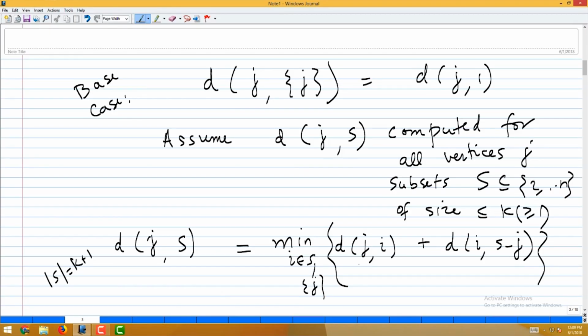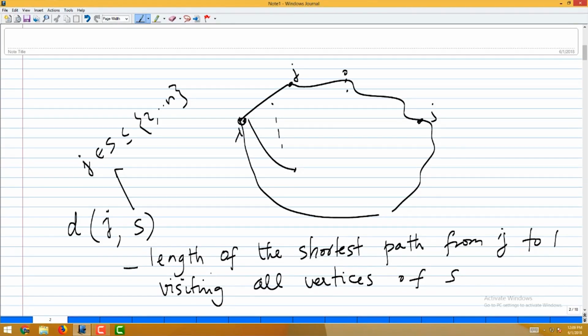So, I want to start from j. The semantics say the length of the shortest path from j to 1 visiting all vertices of S. So, I will go from j to i, and then start from i, visit all vertices of S minus j, go back to 1, and try all possible neighbors.